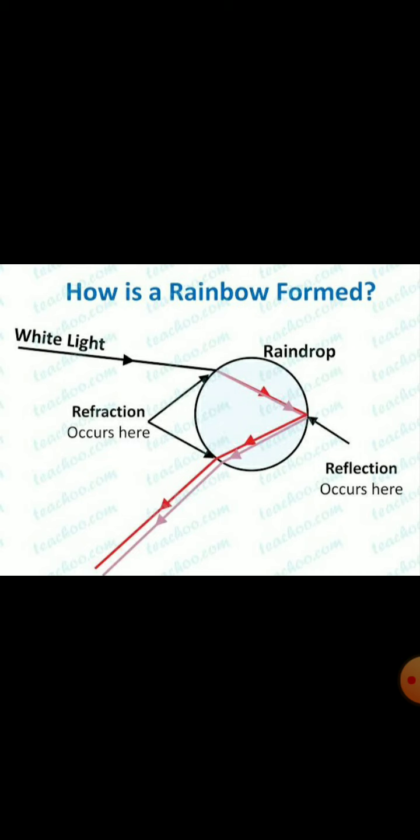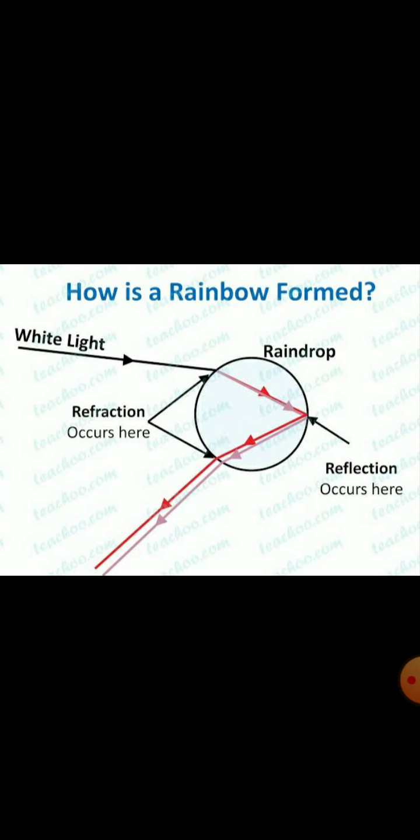It means it will get slightly bent and disperses the incident sunlight. Secondly, dispersion will take place. And we all know dispersion is the splitting of light into its component colors.